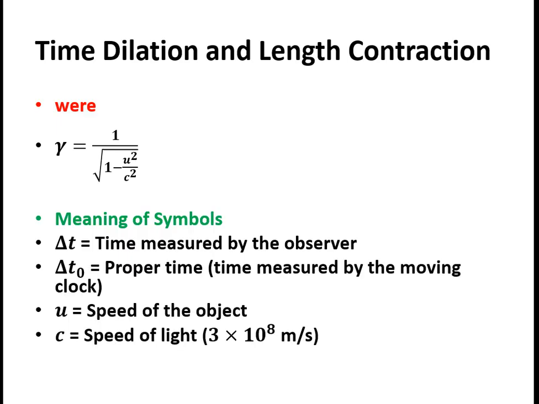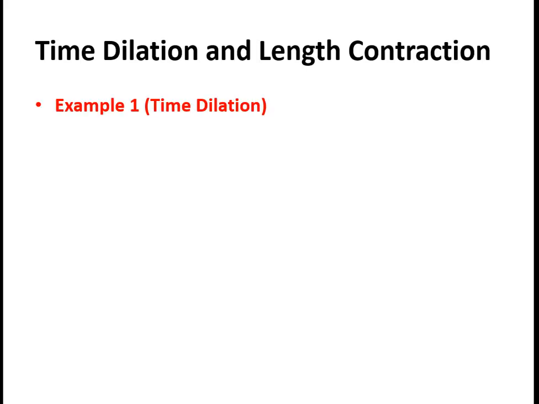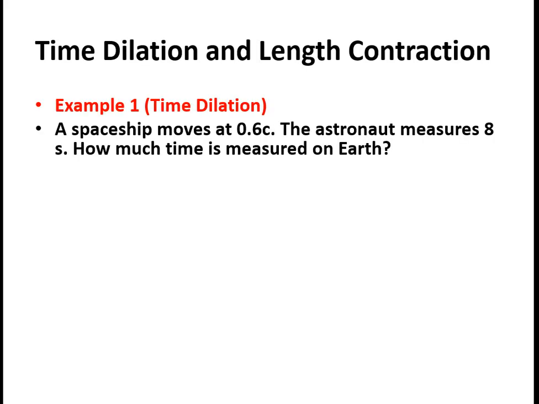We've already considered this. Example 1. This example says, a spaceship moves at 0.6 c, that's the velocity of the spaceship.